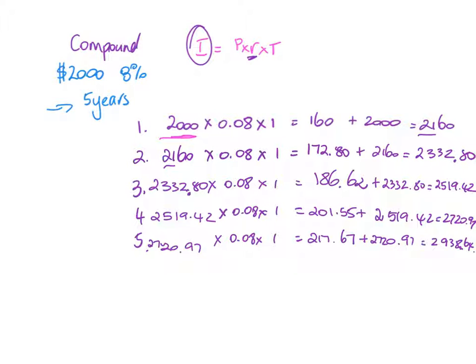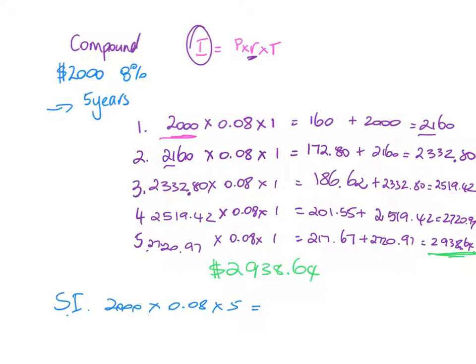As you can see, I've just gone ahead and fast forwarded. If we were compounding all of our interest, we would end up with $2,938.64. Just to compare that with simple interest, it would be 2,000 multiplied by 0.08 by 5.